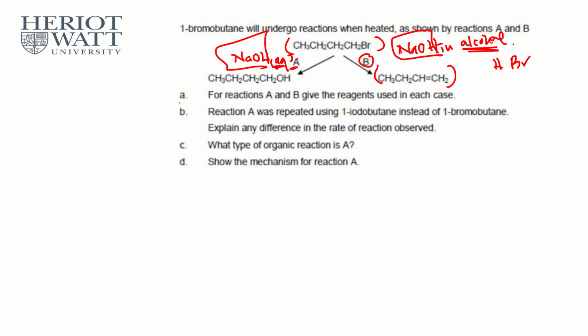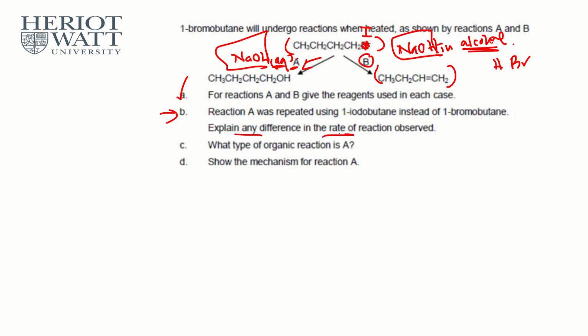All right, done for A. And let's look at B. Reaction A was repeated using 1-iodobutane instead of 1-bromobutane. Again, guys, instead of bromine, you are using iodine. So this Br is going to change into iodine and go through the same reaction, I mean reaction A, of course. Like I explained from the previous questions, will it be faster or slower?